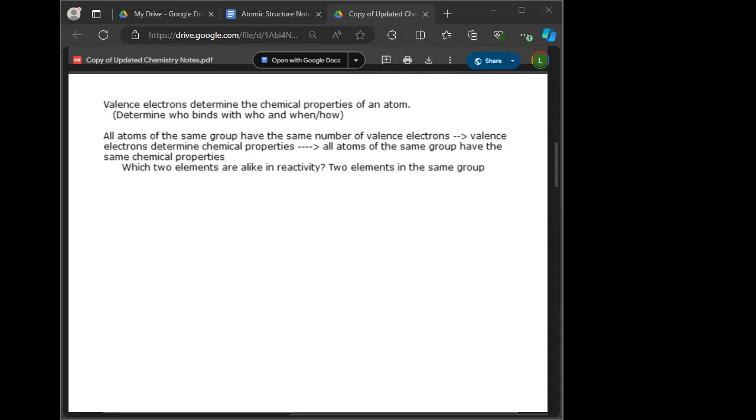So for example, if a question was to say which two elements are alike in reactivity, we would need to pick two elements that are in the same group.